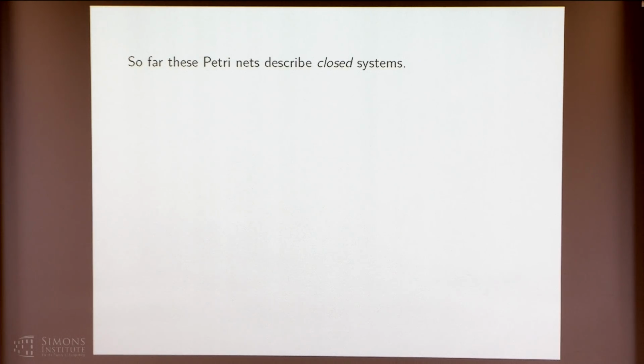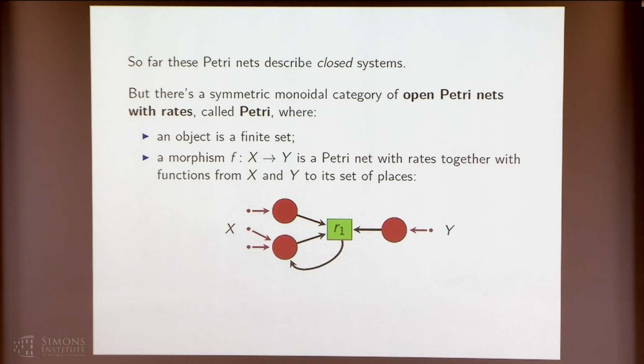Okay, so far these Petri nets are just describing closed systems, but you can actually have open Petri nets, and I'm going to make a symmetric monoidal category where the morphisms are open Petri nets with rates, and I'll call that category Petri.